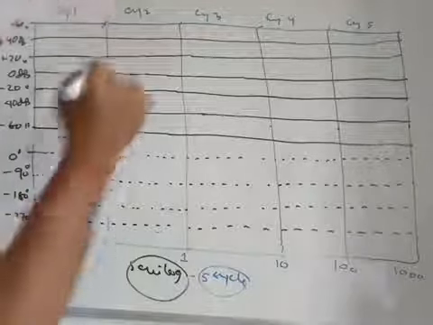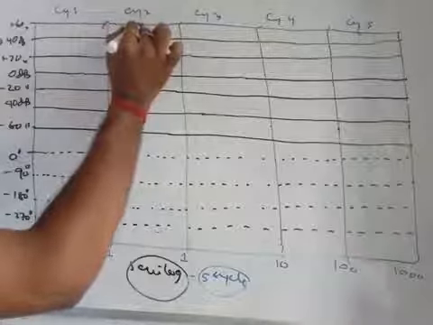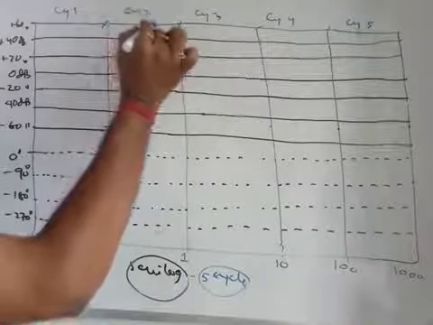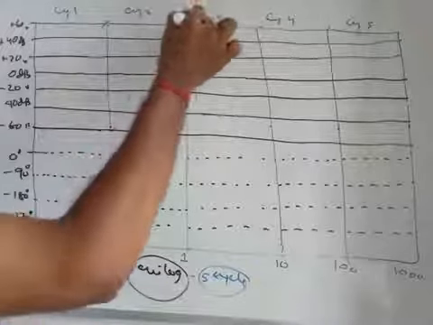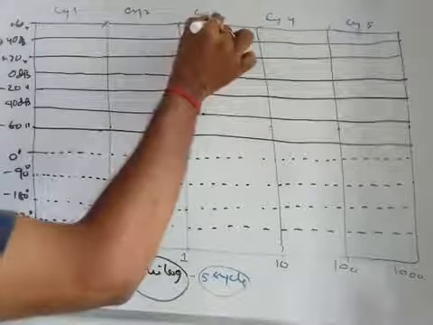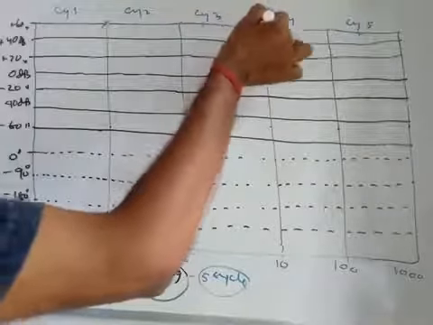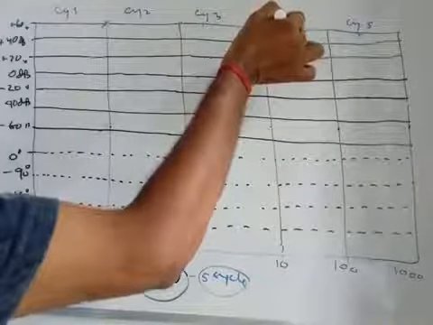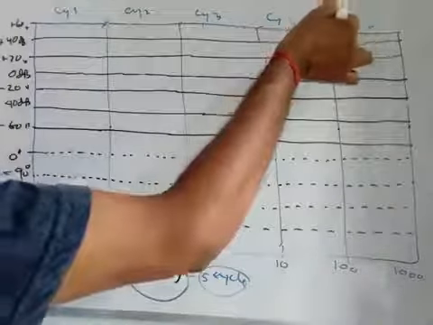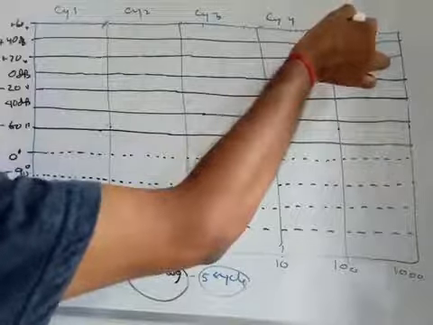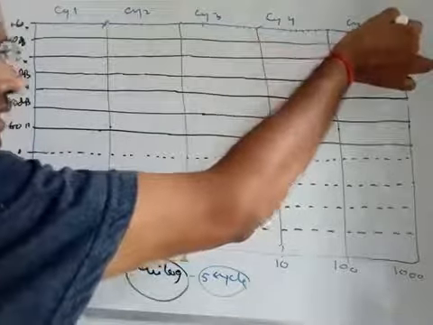If this is 0.1, again there will be marks: 0.2, 0.3, 0.4, 0.5, 0.6, 0.7, 0.8, 0.9, 1. If this is 1, this is 2, 3, 4, 5, 6, 7, 8, 9, 10. If this is 10, this will be 20, 30, 40, 50, 60, 70, 80, 90, 100. If this is 100, this will be 200, 300, 400, 500, 600, 700, 800, 900, 1000, right?